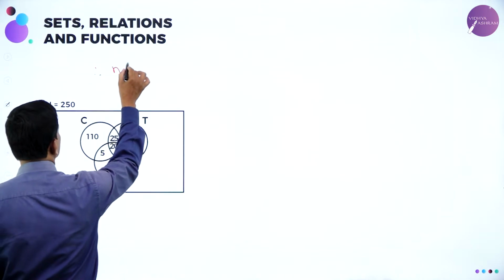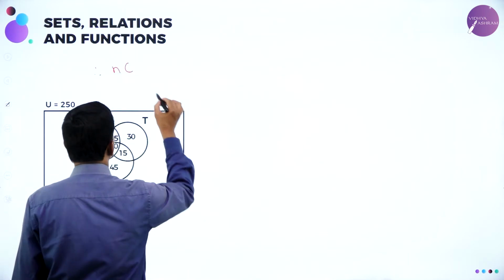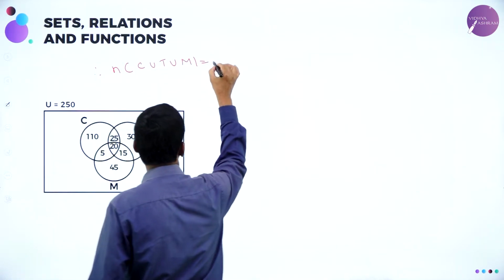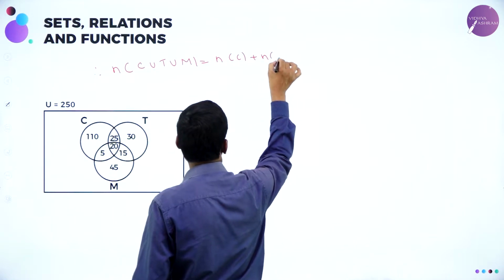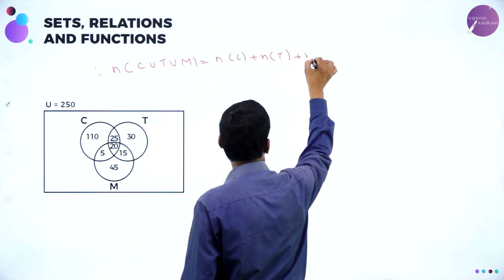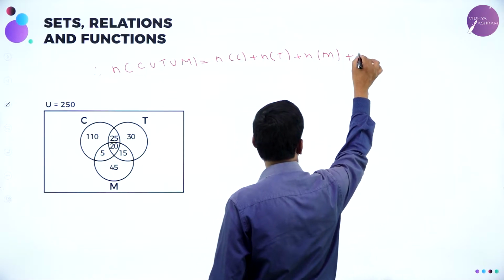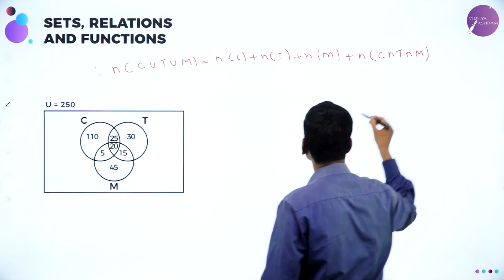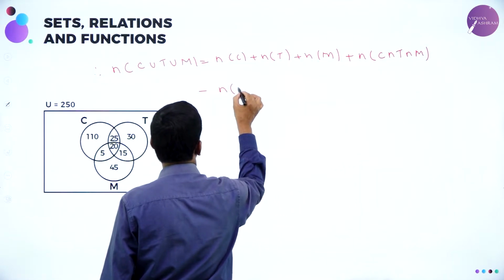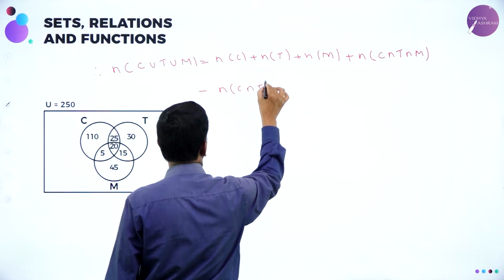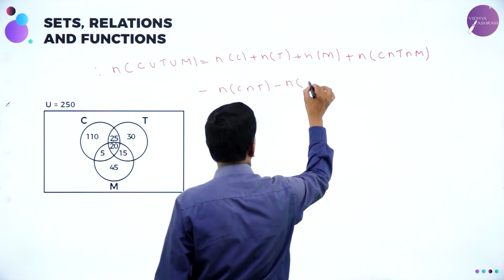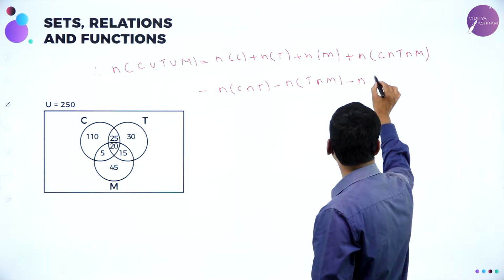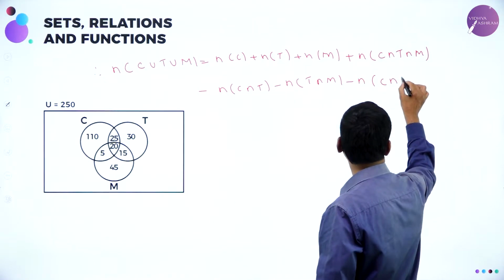Therefore, N of C union T union M is equal to N of C plus N of T plus N of M plus N of C intersection T intersection M minus N of C intersection T minus N of T intersection M minus N of C intersection M.